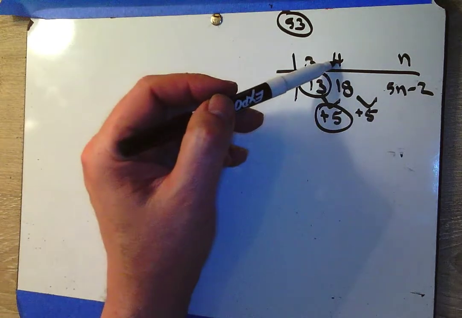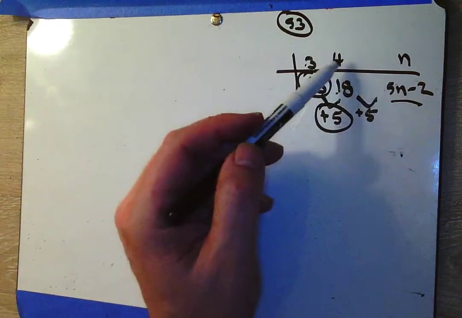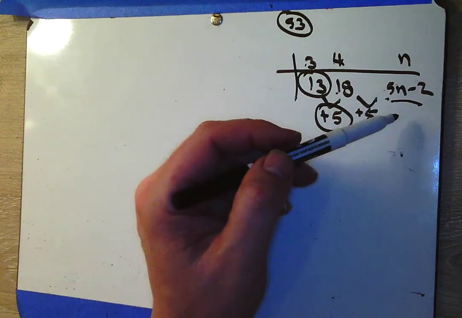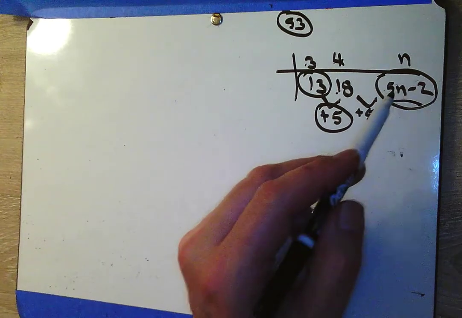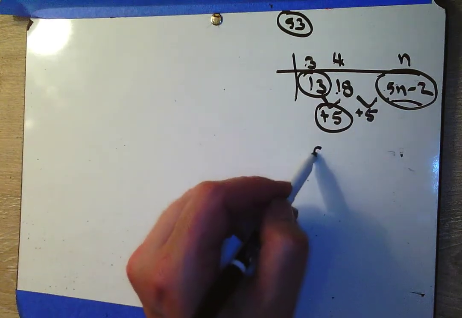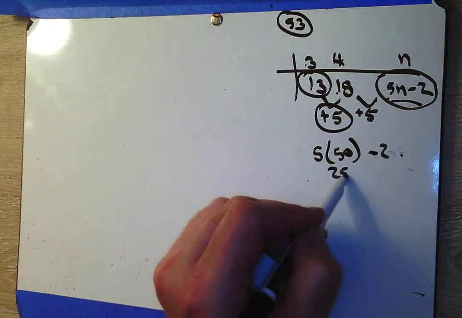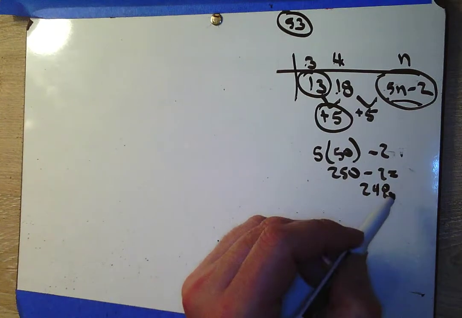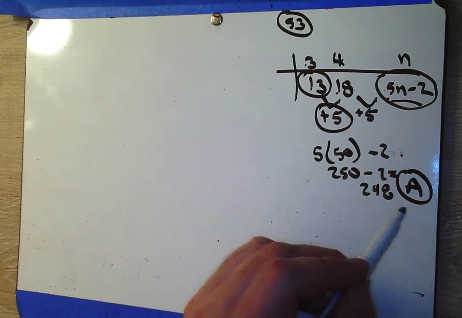Let's try 4 to confirm that our rule gives us 18. 4 times 5 is 20. 20 minus 2 is 18. Good. So here's our rule, and they want us to use it to figure out the value of the 50th term. 5 times 50 minus 2. 250 minus 2 is 248. And that's choice A. A for number 53.